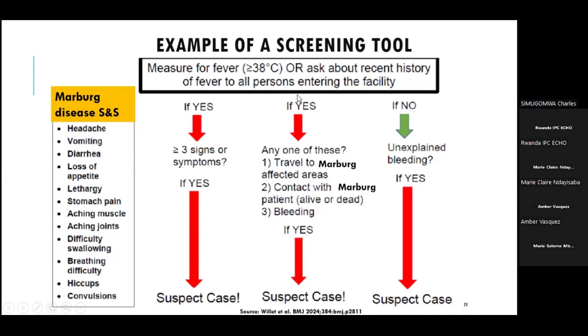Or the person has fever and has been in contact with a Marburg patient, alive or dead, or has fever and bleeding. This is a suspect case. There are some situations where we don't have fever and no history of fever, but we have unexplained bleeding. This is a suspect case.